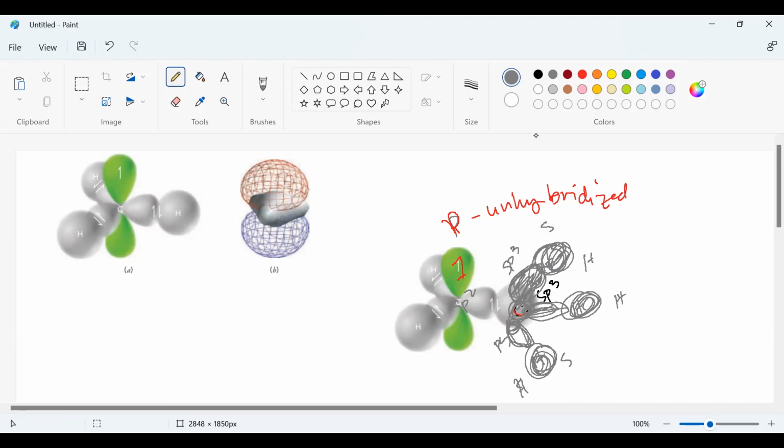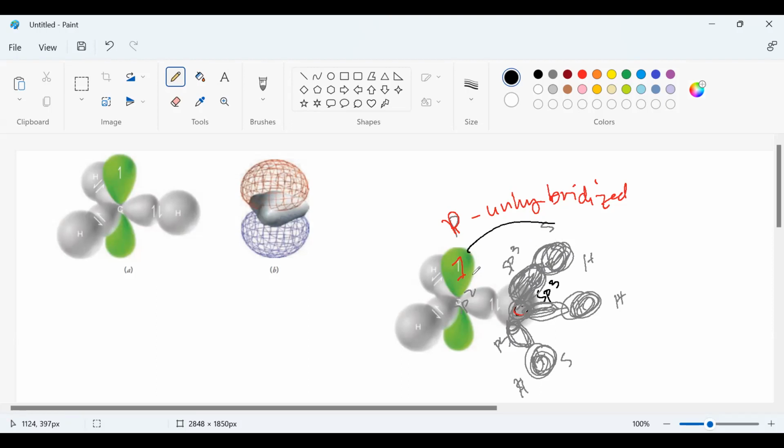What happens actually is that the sp3 orbitals of the carbon-hydrogen bond will try to stabilize the unhybridized p orbital here, because it contains only one electron and needs a paired electron.